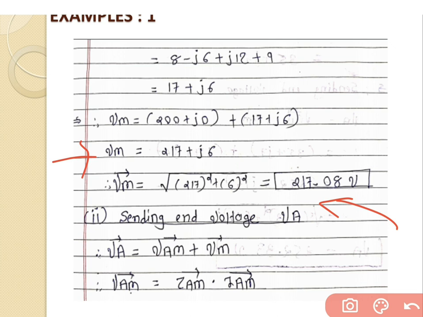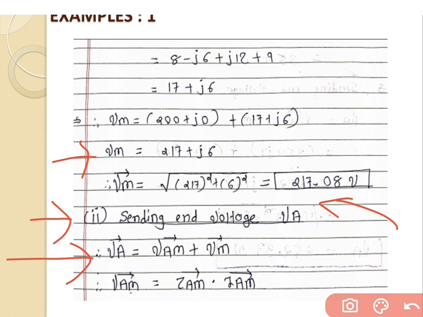Go for the second case, that is the sending end voltage, that is given by Va. So the equation for the sending end voltage is Va is equal to Vam plus Vm. Up to now we have the value of Vm only, that is 217.08 volt.